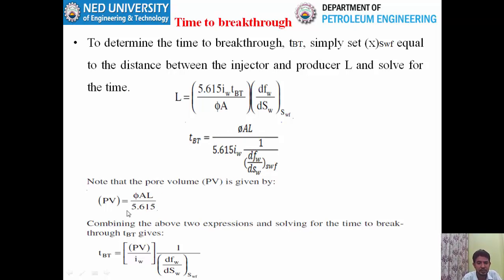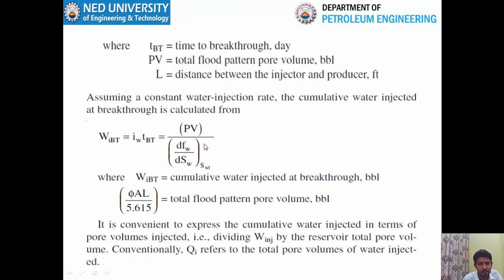Again, this is a simplification. Porosity times area times L divided by 5.615 is the pore volume of the reservoir, so you replace it with the pore volume. The equation becomes this, and IW multiplied by the time is the cumulative water injection.